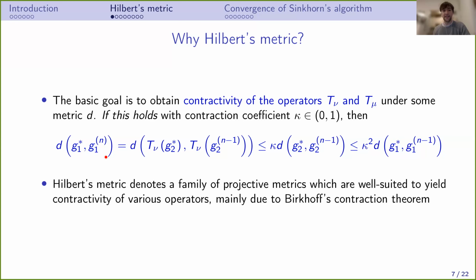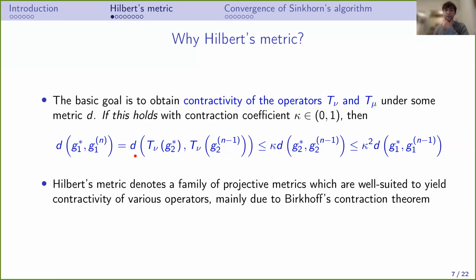Then we see that the distance for this index n is bounded by kappa squared times the same distance for the index n minus 1. And then, of course, iterating this argument directly shows exponential convergence.